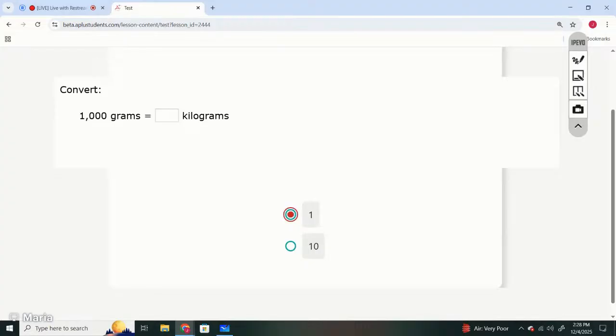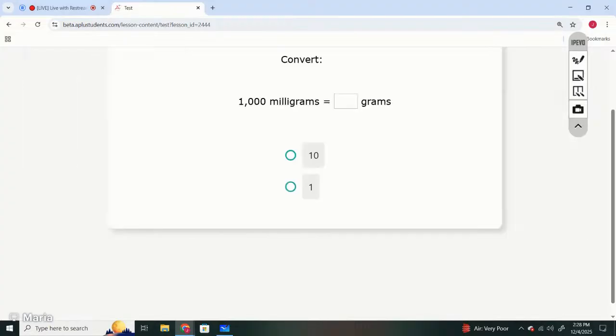Option number 1 is the correct option. 1000 milligrams equal how many grams? 1000 milligrams equal 1 gram. Option number 2 is the correct option.